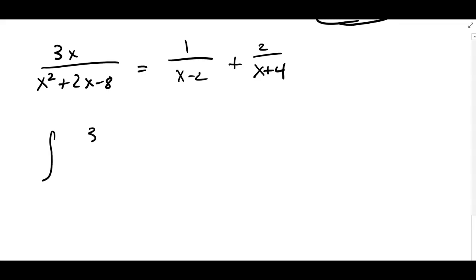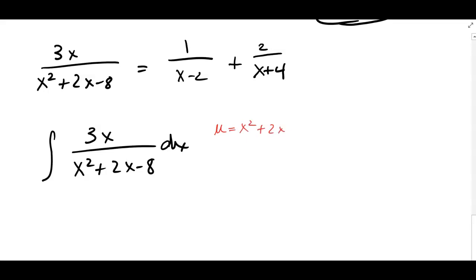If I asked you to integrate 3x over x squared plus 2x minus 8 dx, you might try u sub and say, okay, u equals x squared plus 2x minus 8. du is 2x plus 2 dx.